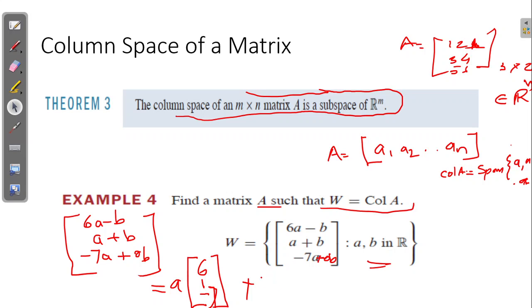Plus, then b I am taking outside, b into the coefficient of the first entry, that is minus 1, the second entry 1, and the third entry 0.